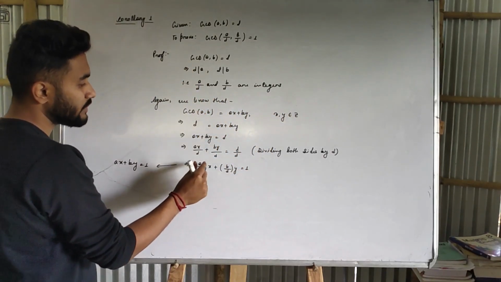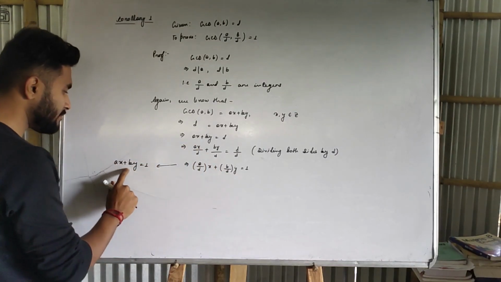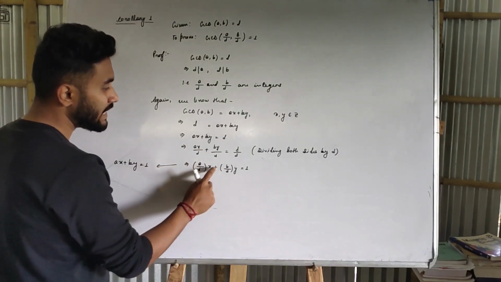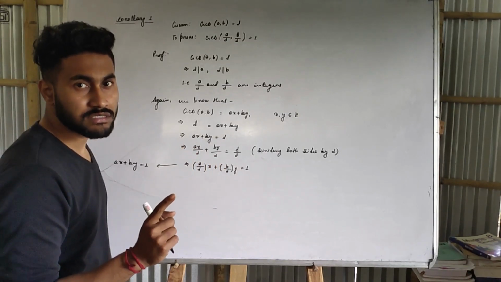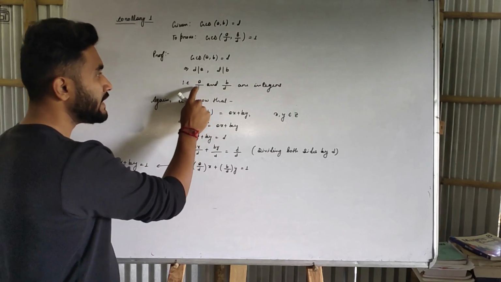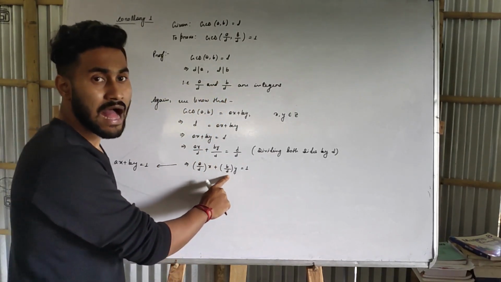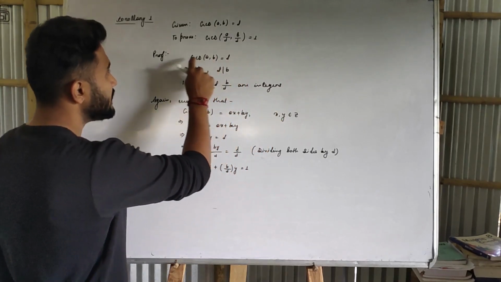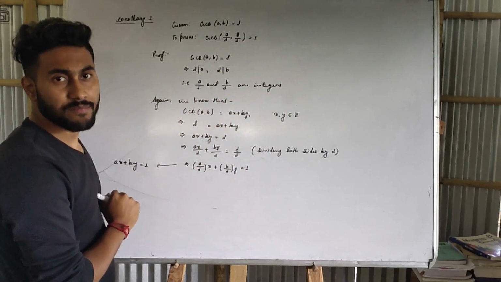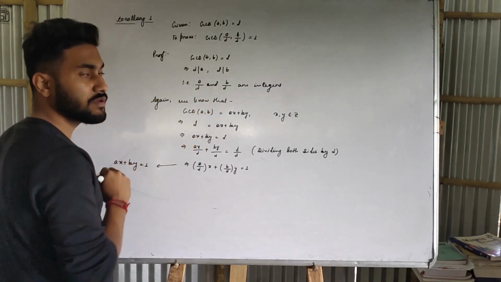We have to say why these are integers. We know that A and B are integers, but why are A by D and B by D not rational numbers, but integers? We have to show that A by D and B by D are not fractions. We have already shown this, because D is the GCD of A, so obviously D divides A means A by D has to be an integer.